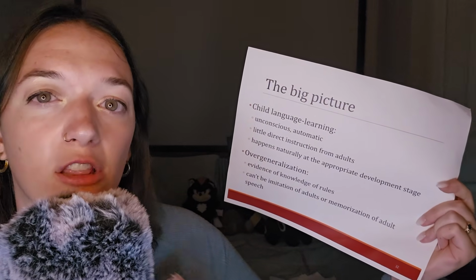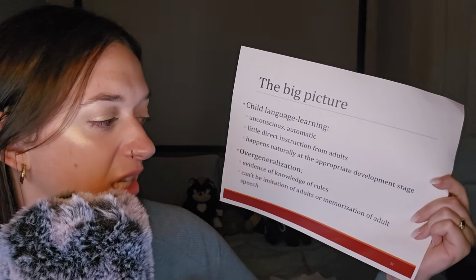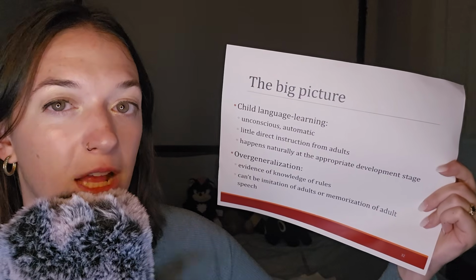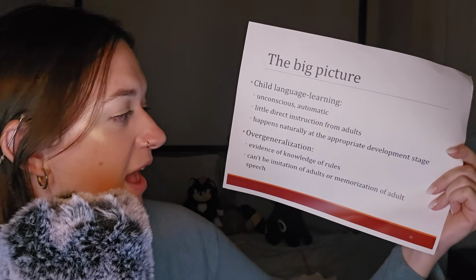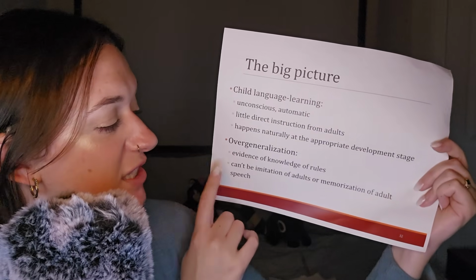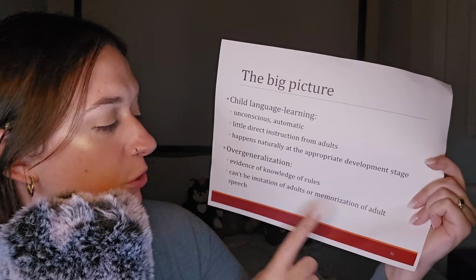It shows that they know things like past tense or plurals, even if they can't apply them perfectly. This also tells us something really important about how children acquire language, and that is that child language is not just an imitation of adults or memorization of adult speech.